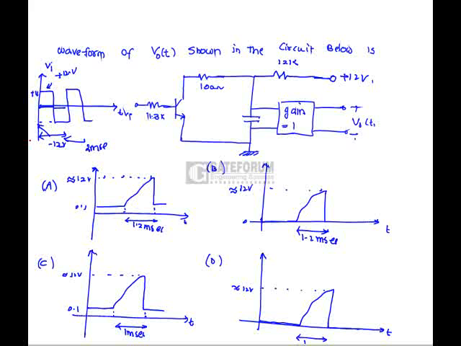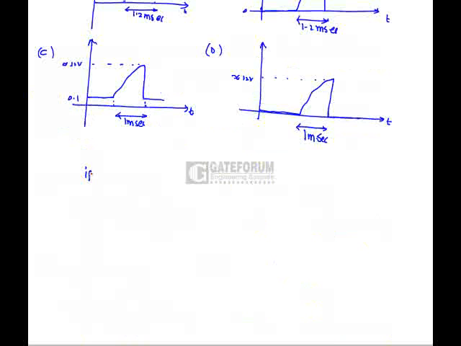Suppose Vi equals plus 12 in between 0 to 1 millisecond. This is the first cycle. Minus 12 is in between 1 millisecond to 2 millisecond. Similarly, it repeats for 3 to 4, 4 to 5. In that manner, it is going to repeat. So if Vi equals plus 12, the transistor is going to turn on.